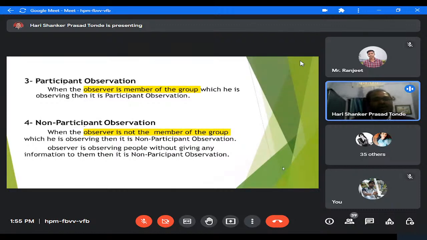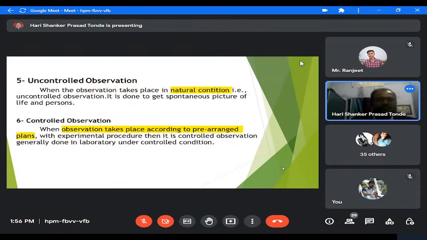Fourth one is the non-participant observation, means when the observer is not a member of the group which he is observing, then it is a non-participant observation. Uncontrolled observations. This is very less usable. Why? Because when the observation takes place in natural conditions, that is, some conditions are there which are not favorable to the particular researcher, then that is uncontrolled observation.